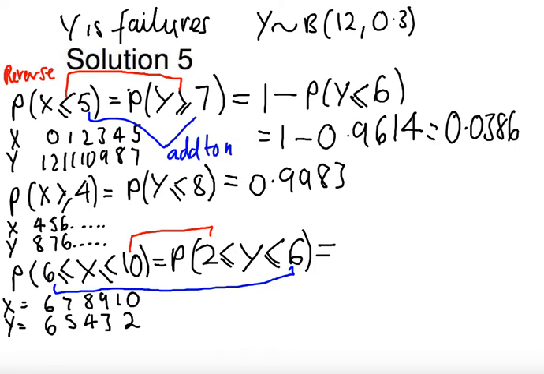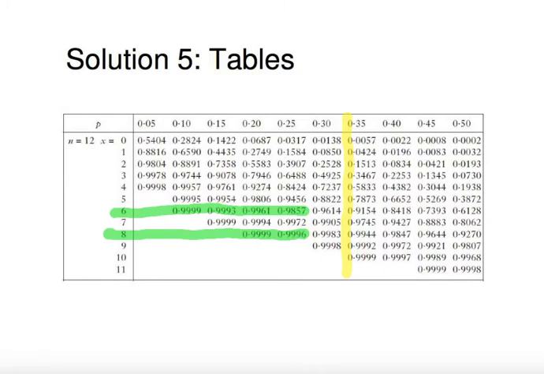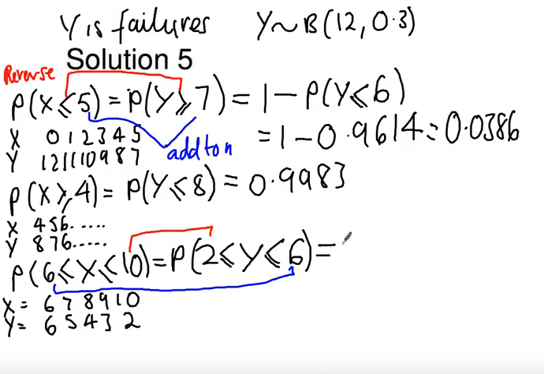Okay, so let's take some readings from the tables now. Sorry, we should actually identify how I'm going to calculate this. So this is going to be probability, not x, but y. So used to using x. Y is less than or equal to 6, take away, well, I want to include the 2, but I don't want anything less than 2.